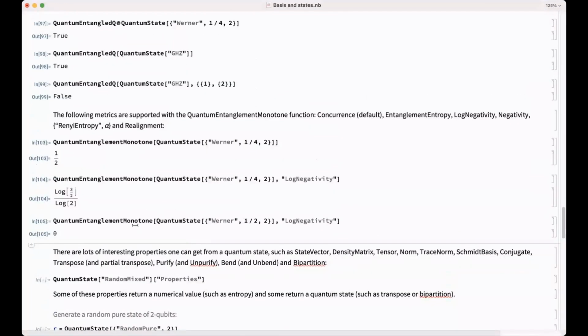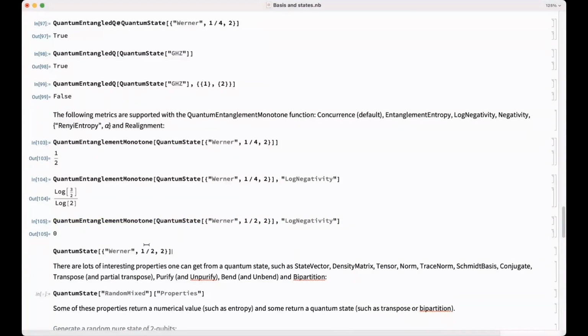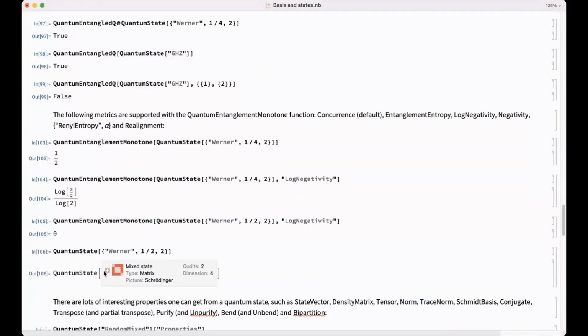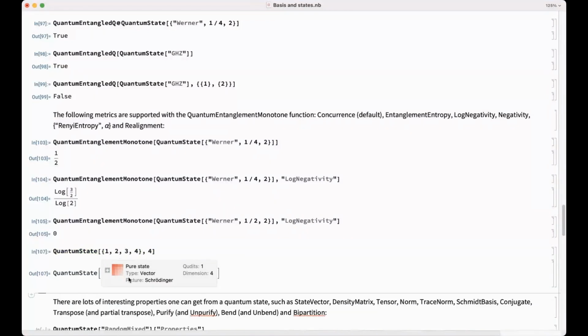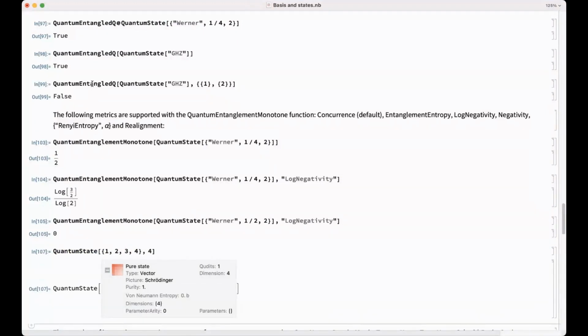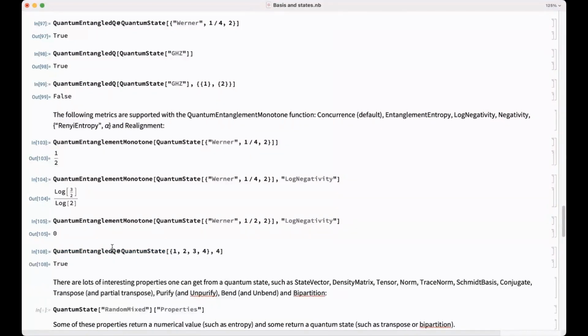And what the entanglement monotone computes in detail, I can also explain a little bit further. Because you can test quantum states even if they are not directly shown as two system states. For example, you can create an arbitrary 4-dimensional state. Right now it's 1 qudit. I think you still can ask whether it's entangled or not. Oh yeah, you can do it.